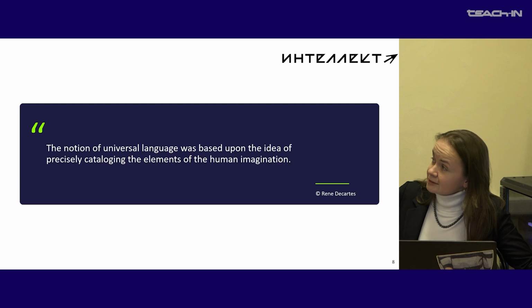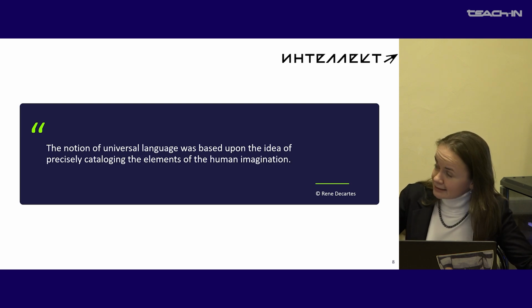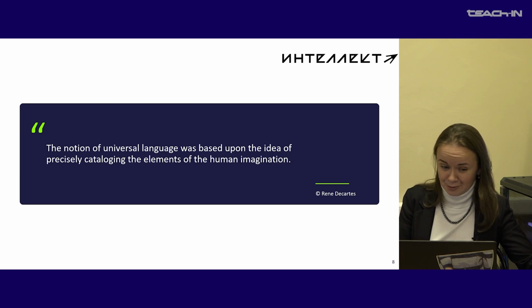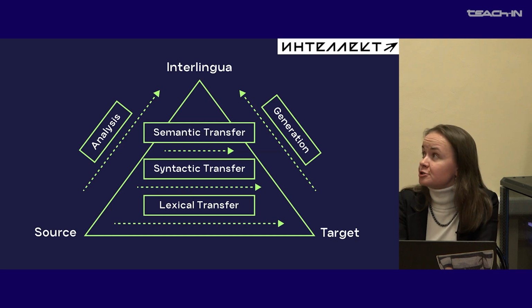Even René Descartes, a few centuries ago, said this about the universal language, meaning that there should be some kind of language in which exist all the ideas and concepts. And within machine translation, this language is sometimes called transfer language or interlingua.